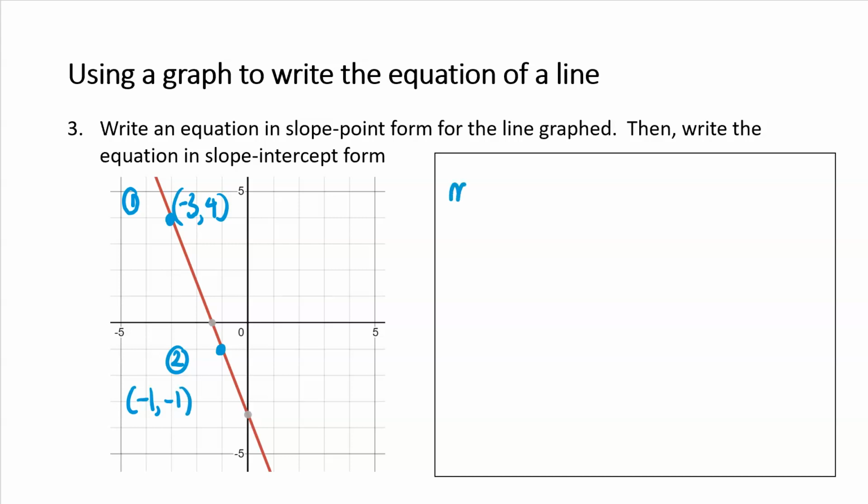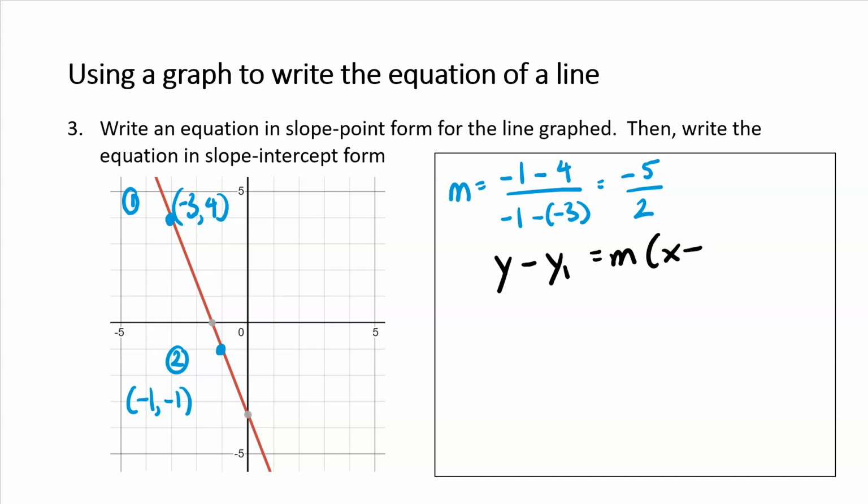So the slope would equal y2 minus y1 divided by x2 minus x1. So that's -5 over 2. And just recall the form of this new equation we're dealing with: y minus y1 equals m times x minus x1.